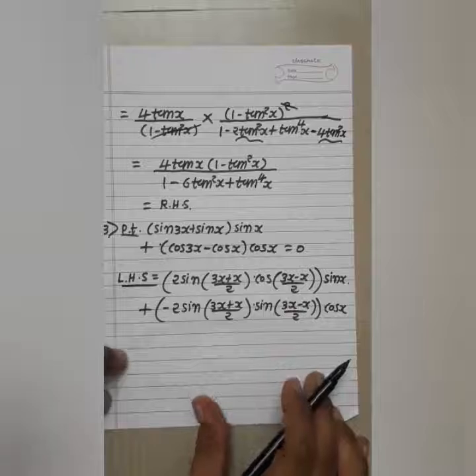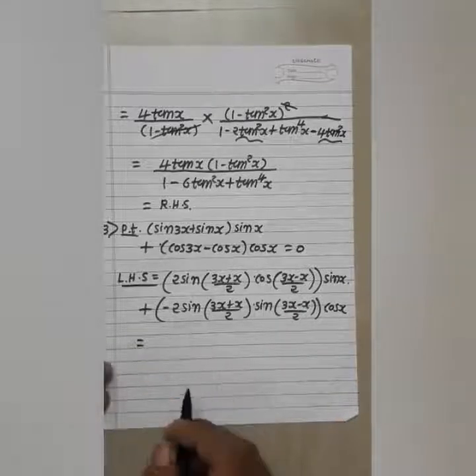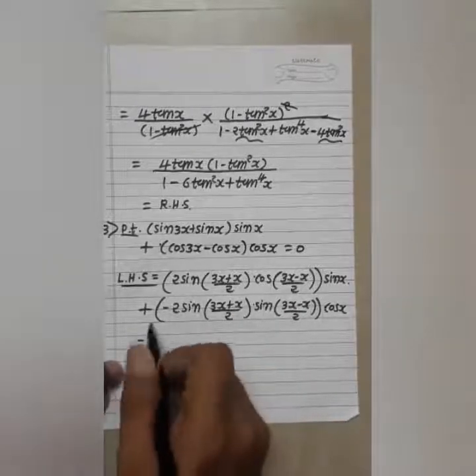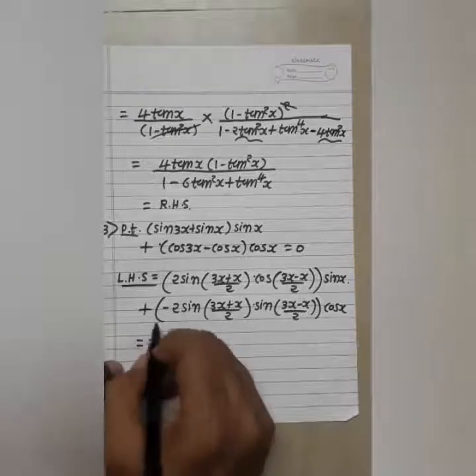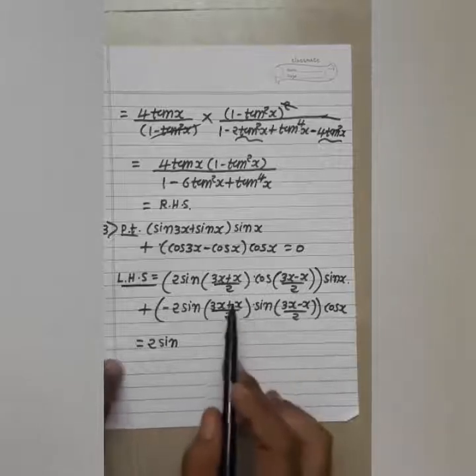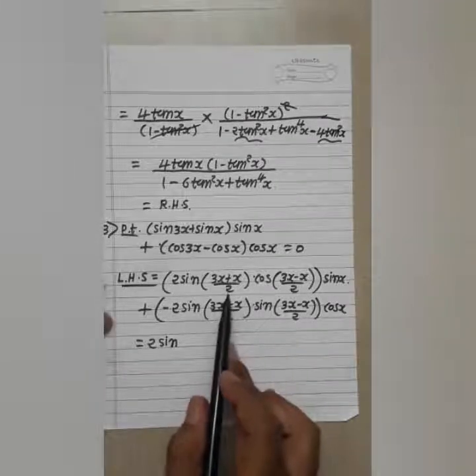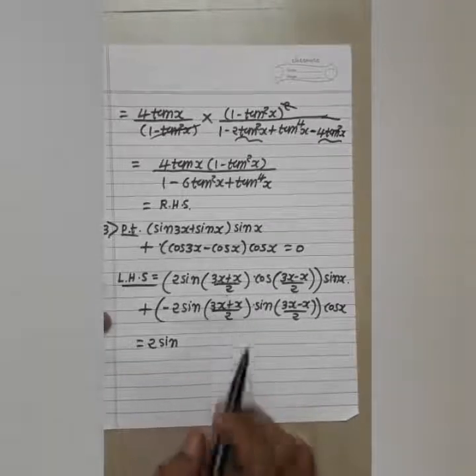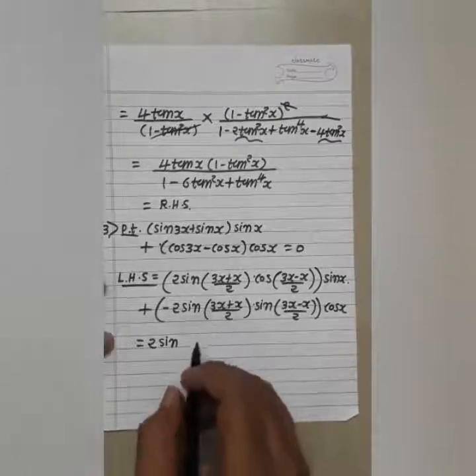Now after opening this bracket, simplify this term. So 2 times sine of 3x plus x divided by 2. So 3x plus x, that means 4x divided by 2.